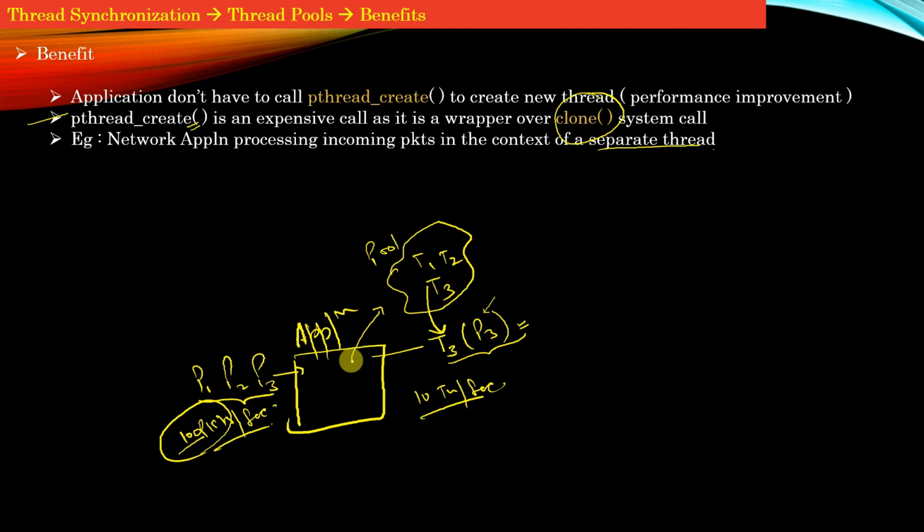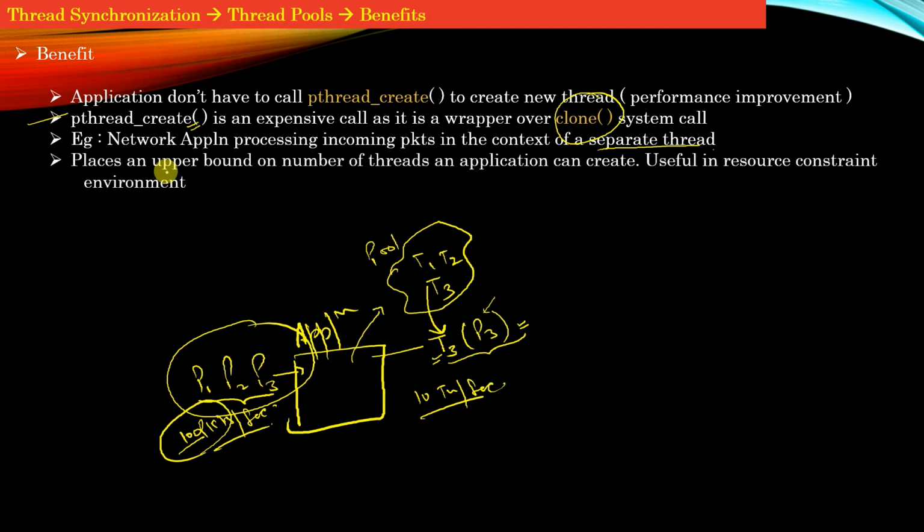So there are network applications which are designed this way and make use of thread pools in order to process the incoming stream of packets in the context of a separate thread. Then thread pools also help in placing an upper bound on the number of threads an application can create, right? This is useful in a resource constrained environment.